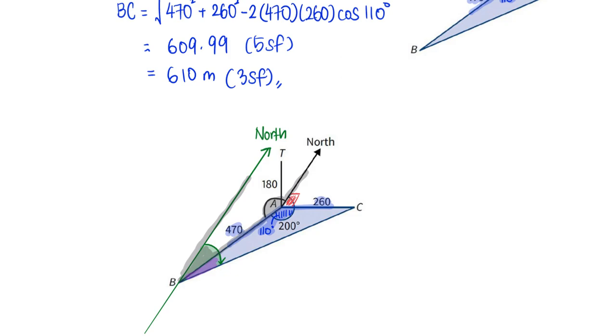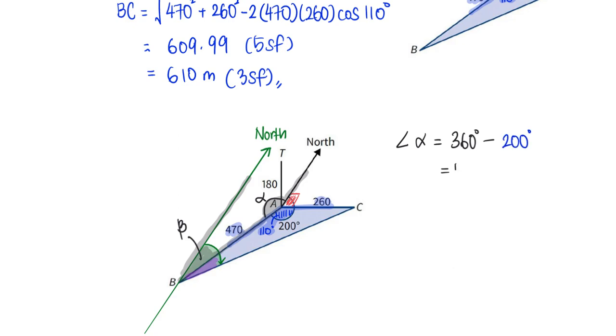So I'm going to name my first angle here, the black color angle, as alpha, and this one will be my beta. So angle alpha is equal to 360 minus away my 200 degrees.